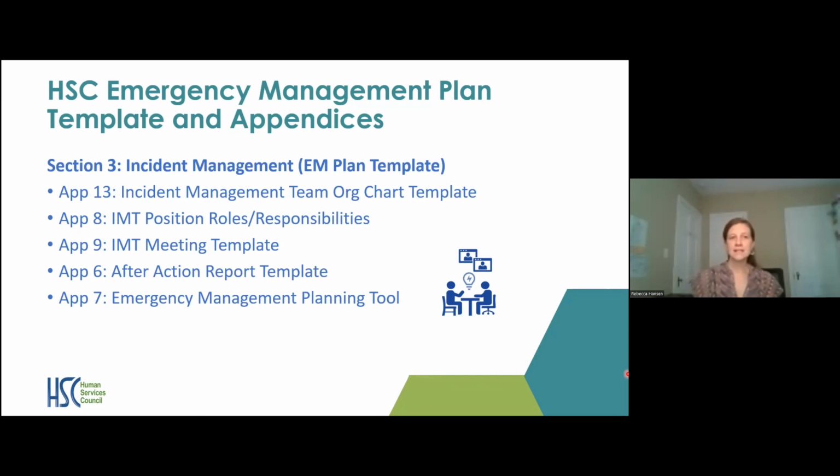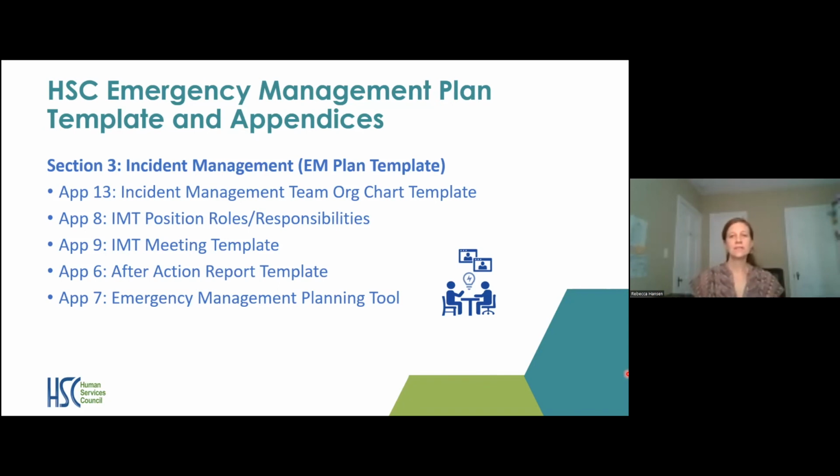The appendices that we've talked about through this webinar are listed here. We have Appendix 13, which was the chart that Annie shared, and she also shared different iterations of that, so you're able to take this and play with it a little bit to make it fit your organization.